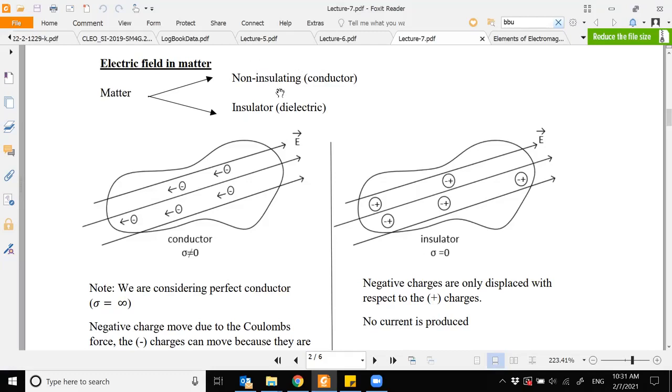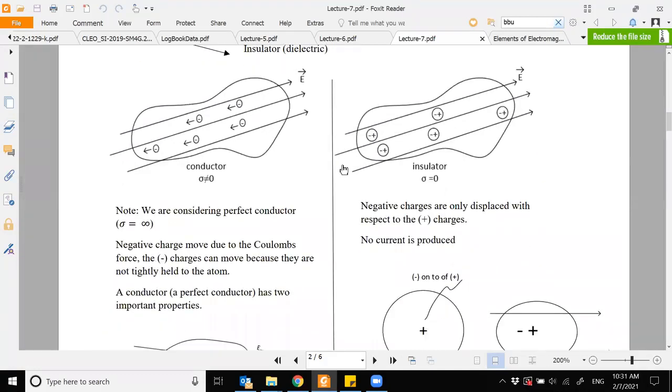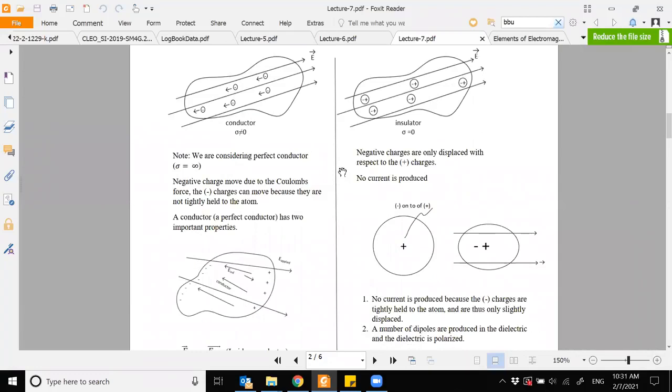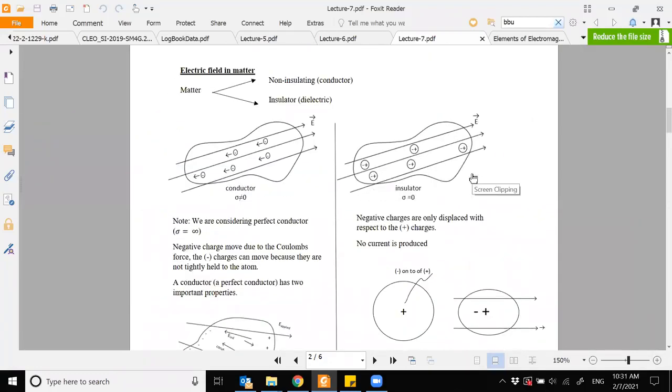Now, how an electric field will affect these two types of matter is what I am summarizing here. If you see here, this is what I am summarizing. Now, if you have a conductor, so this is your conductor, and this is your dielectric or your insulator.